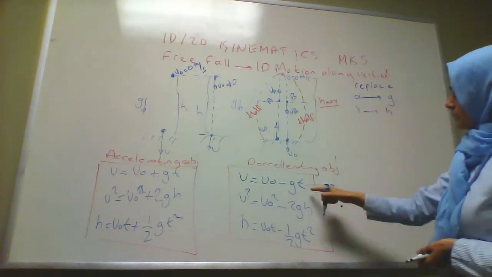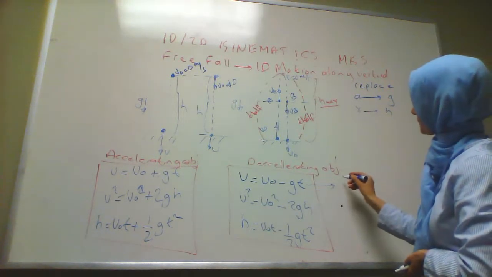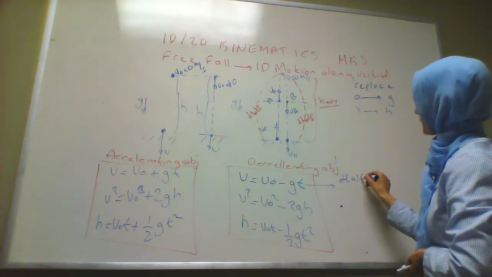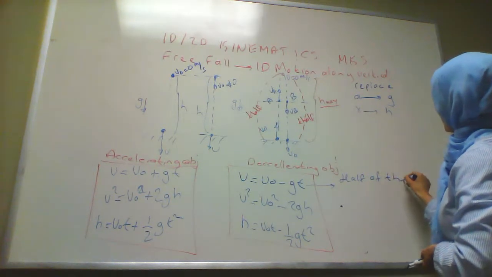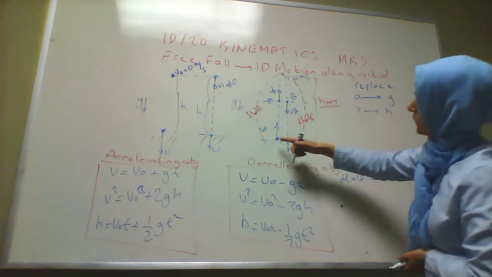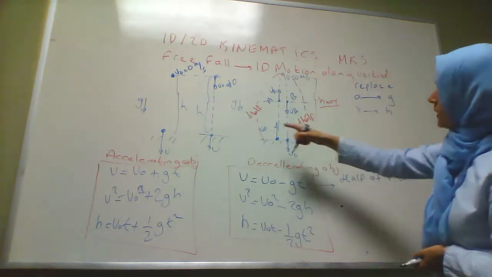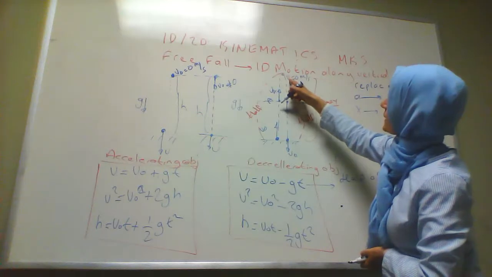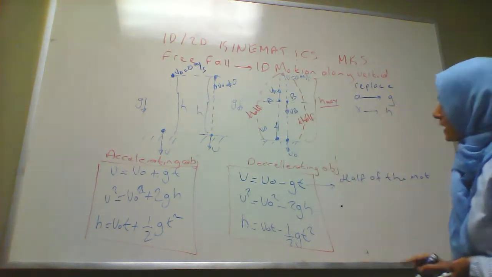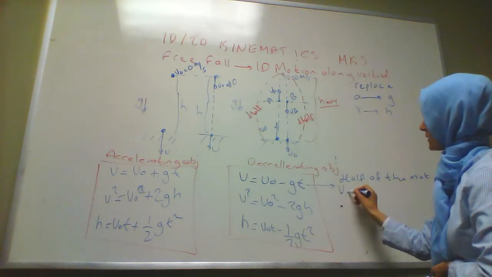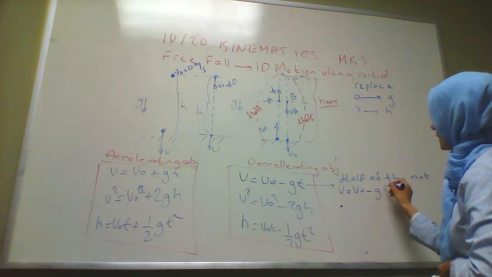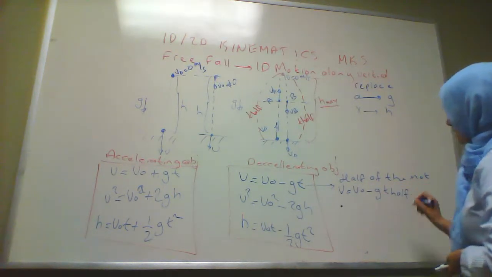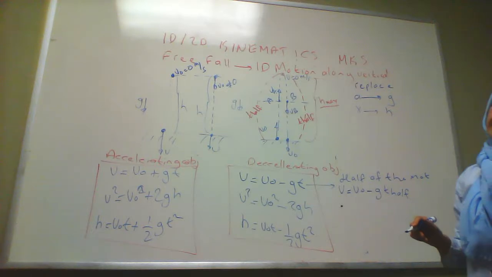To derive the simple equation for t half, so half of the motion, if I consider this half of the motion, the time will be t half. I have v0 in here, and I have time. I can use this equation: v is equal to v0 minus g times t half. And I can derive a nice, simple, useful equation.